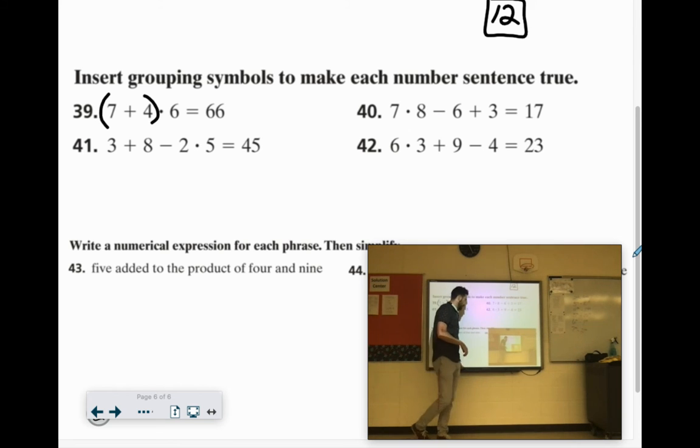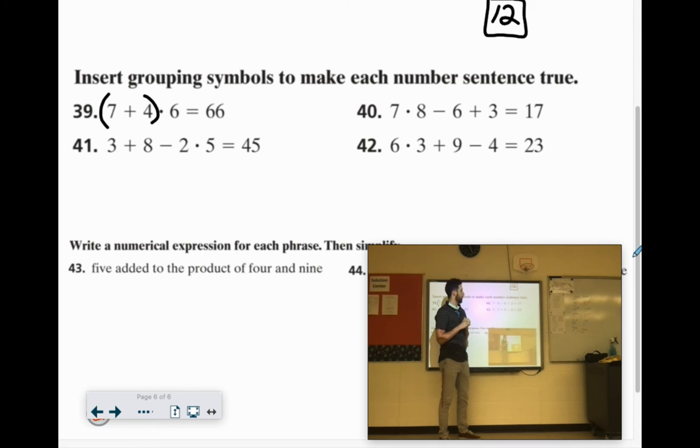Nice. All right, this comes out to 17. Now, if we were doing this, we would do 7 times 8 first. 56 minus 6 is 50, plus 3 is 53, not 17. So where else could we put parentheses? Let's see.